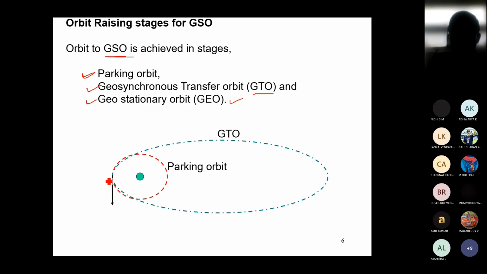When the satellite reaches the orbit, only then does the solar panel open and it can collect and store energy from the sunlight. But during the journey, we have to carry additional fuel which will be required. So when the satellite is orbiting in the parking orbit, at this point we give an additional thrust.